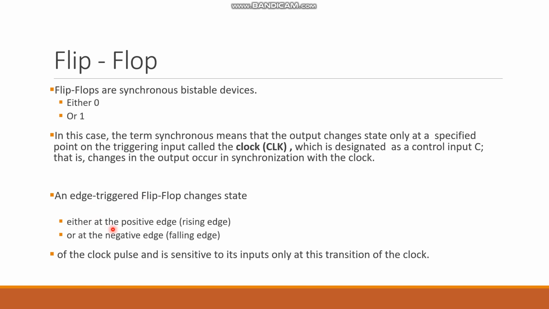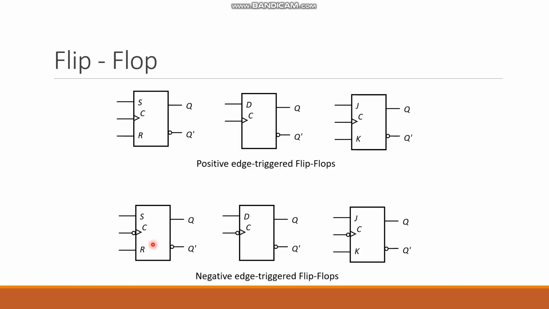Sometimes the edge triggering may be positive edge, rising edge, that means when the clock pulse is 1, and sometimes it may be negative edge, that means the clock pulse is going to be 0. So these are some types of the flip-flops. Just learn them. We are going to cover each of them in detail.